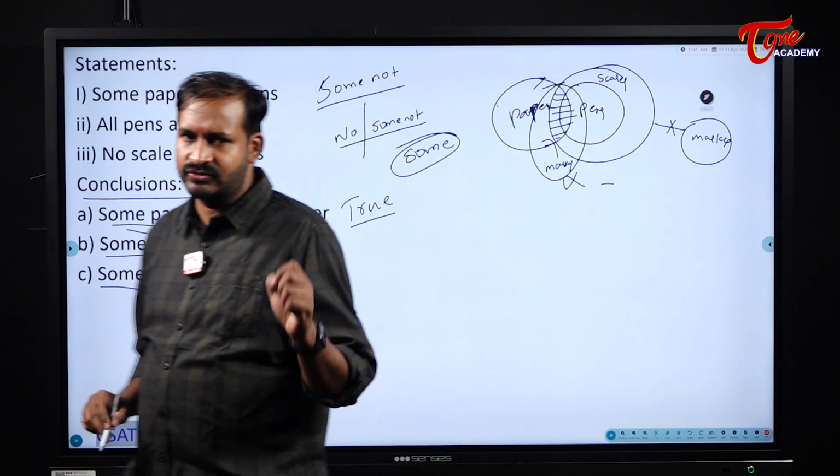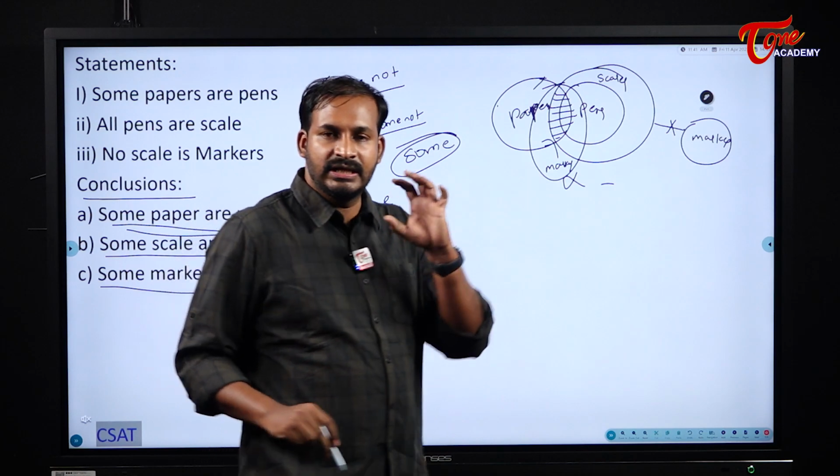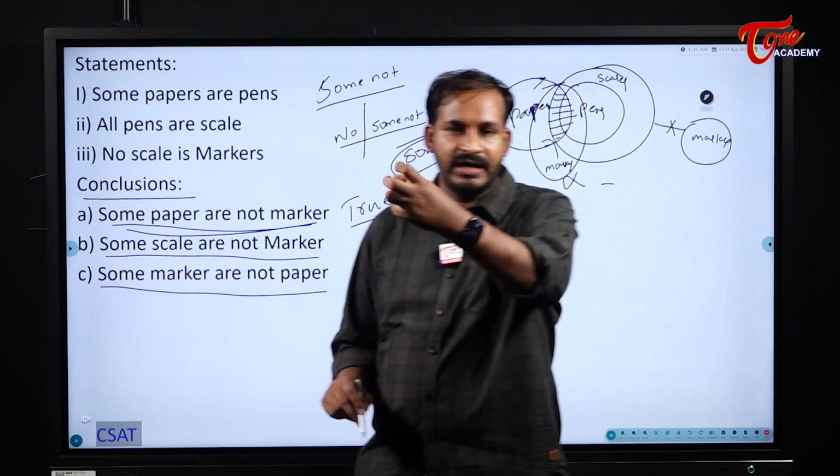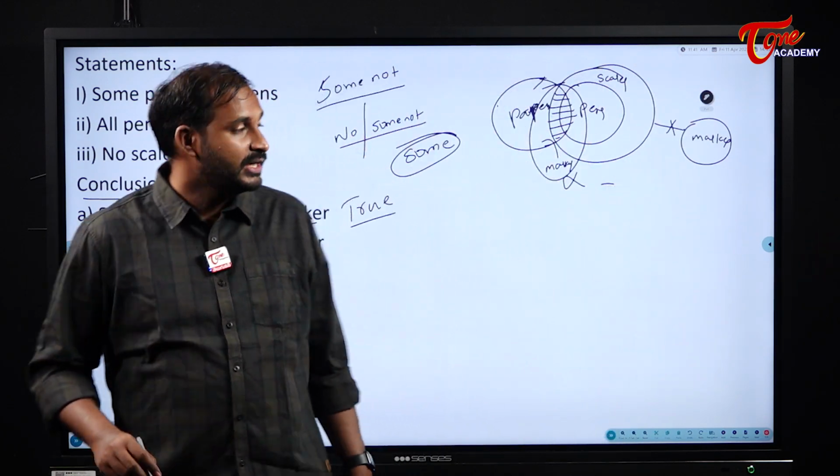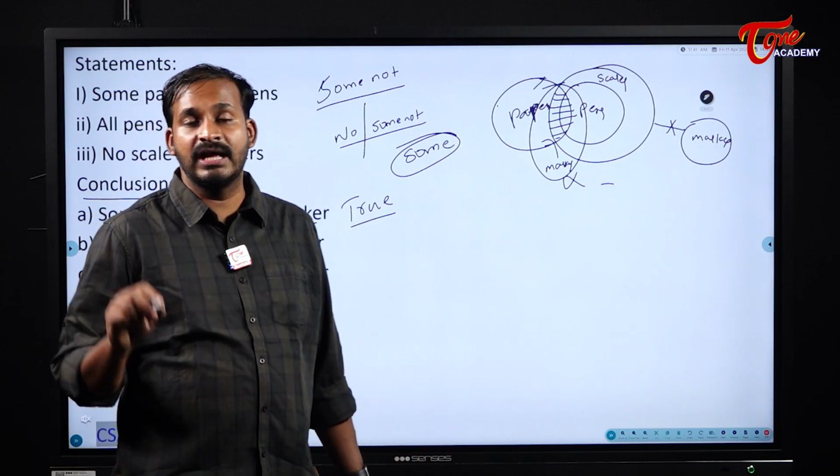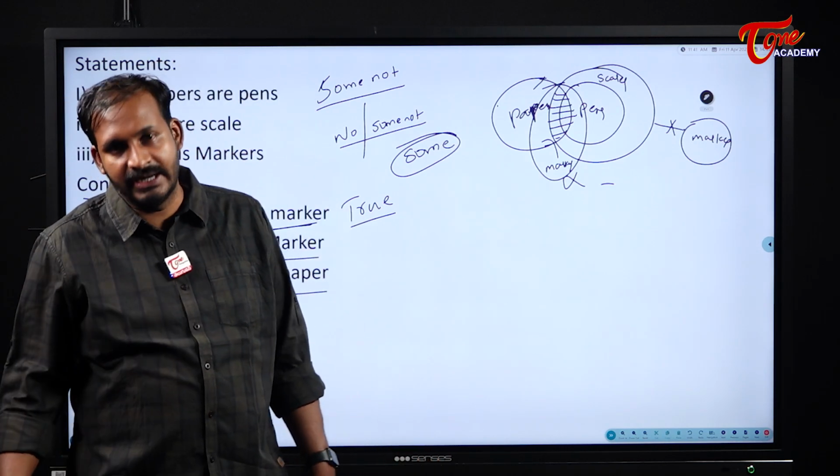Only a small difference, students, between no and some not. In case of no, wherever you want, you can draw the alternate diagram. But in case of some not, definitely the alternate diagram should be drawn at the intersection portion of that element.